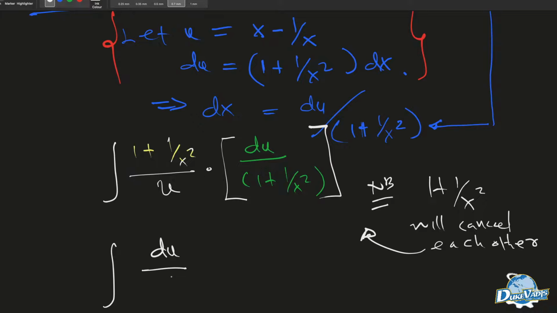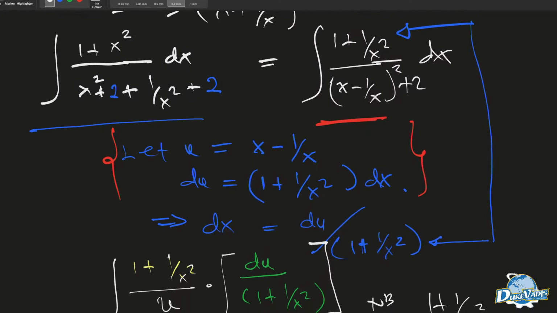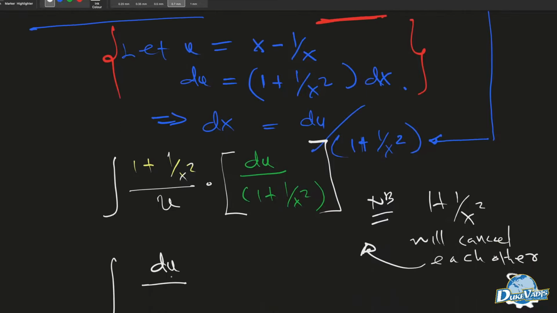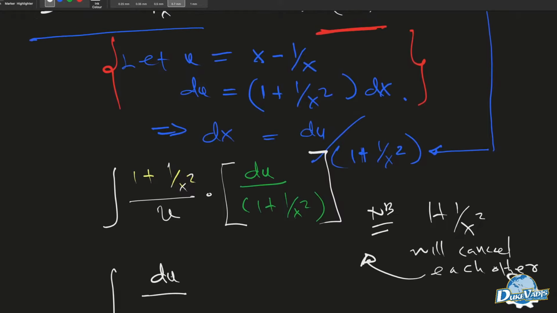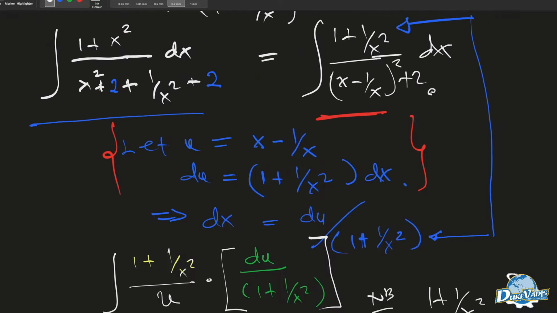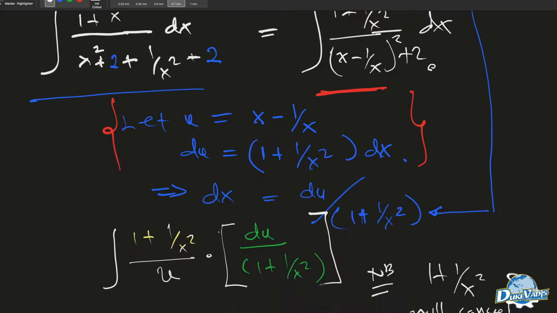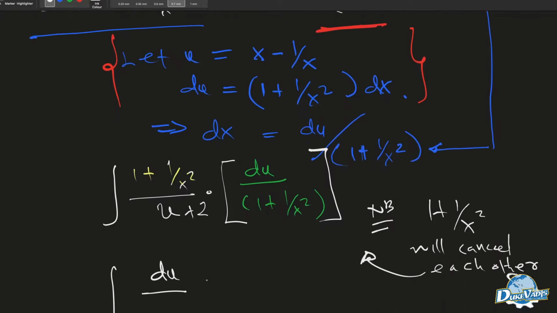As you can see, if we look at what we've done, our u was equal to that. So this will be that divided. The plus 2 over here is still there, we shouldn't omit it.